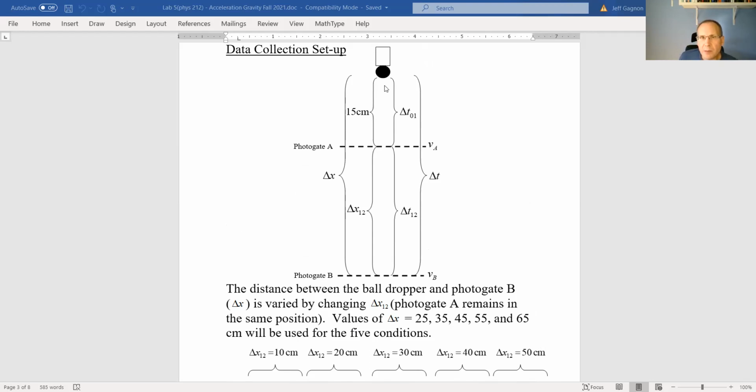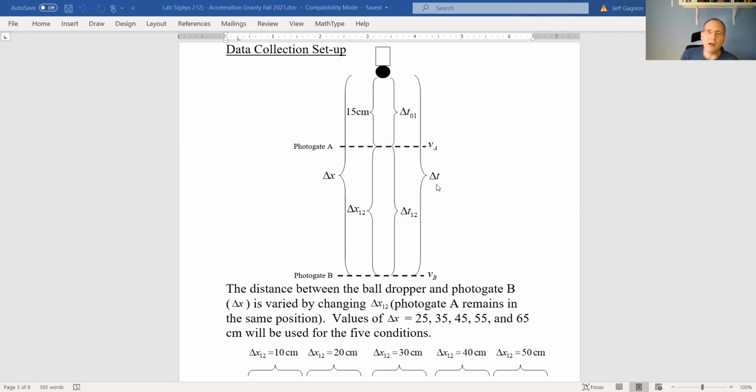Now for the times, we already have this, right? We have our average delta T01. That's the time just for the first 15 centimeters. Delta T12 is the time it takes to go from photogate A to photogate B, right? From the first photogate to the second photogate. And that's going to depend on how far down photogate B is relative to A. So that's delta T12, the time between the photogates.